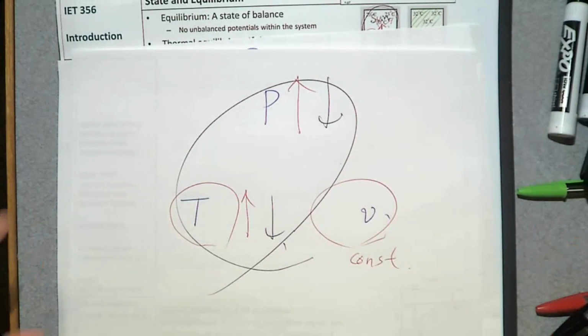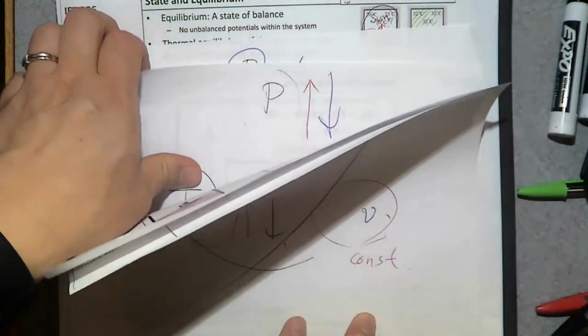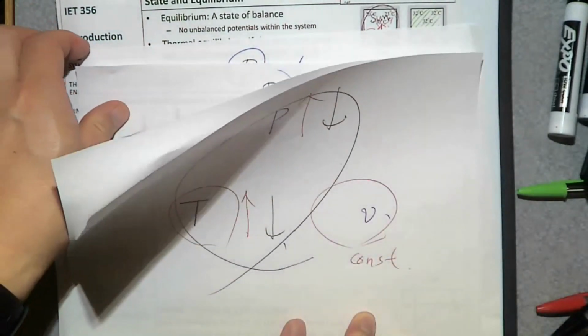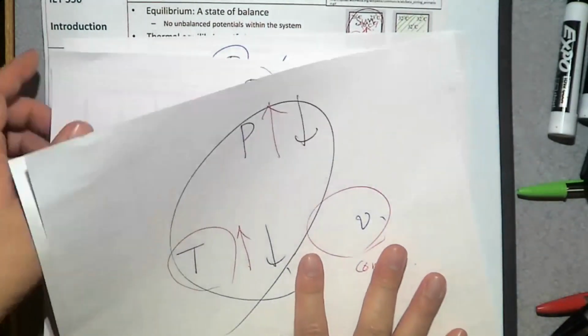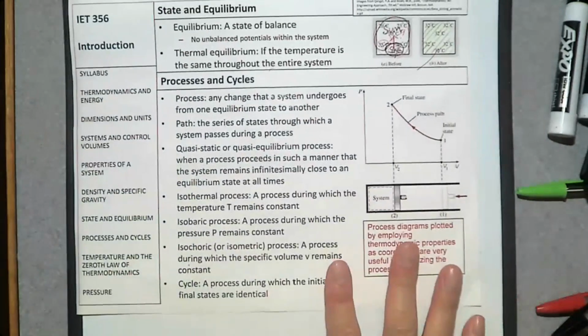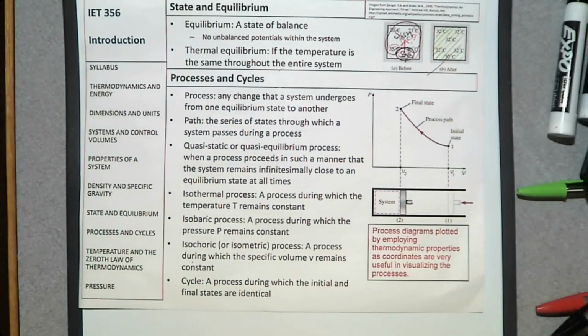So in thermodynamics, there are many different processes, but we focus on these three simple cases. They are isothermal process when temperature is constant, isobaric process when pressure is constant, and isochoric process when volume is constant.